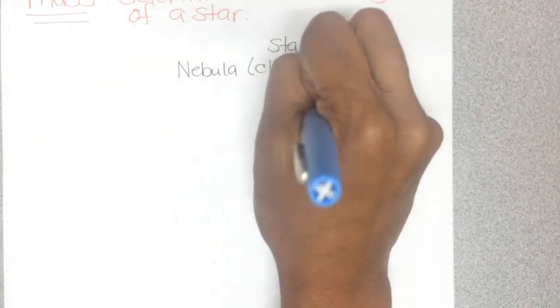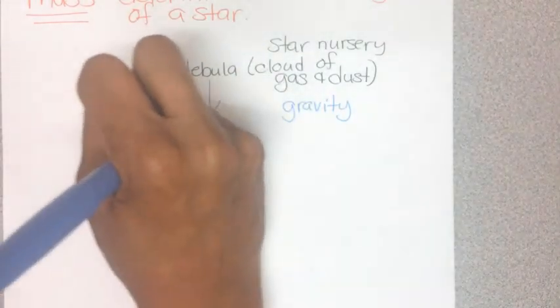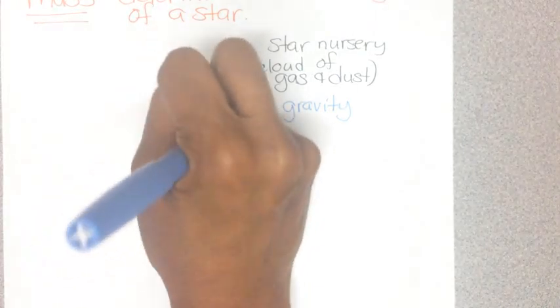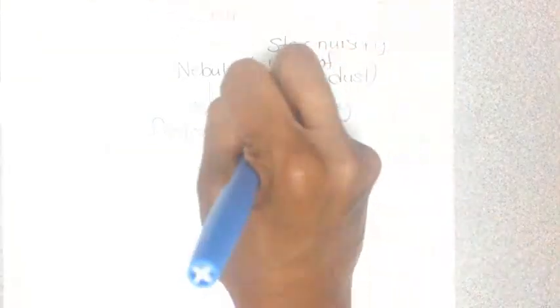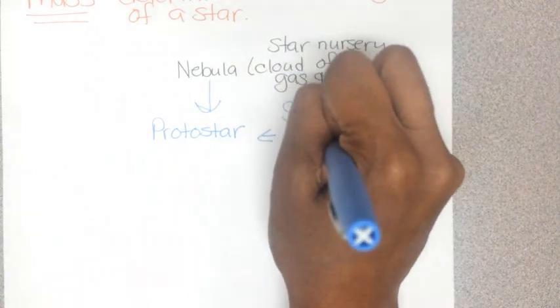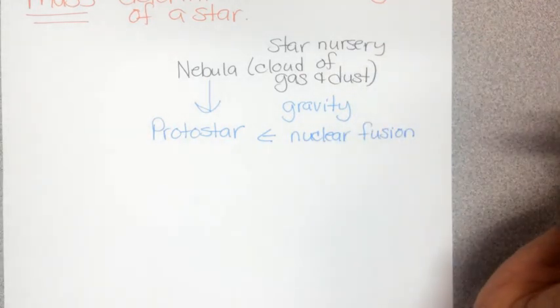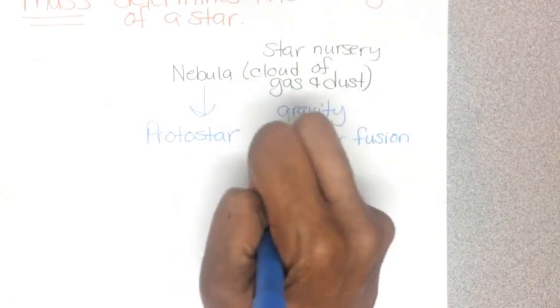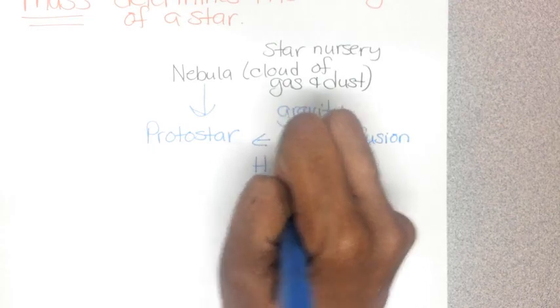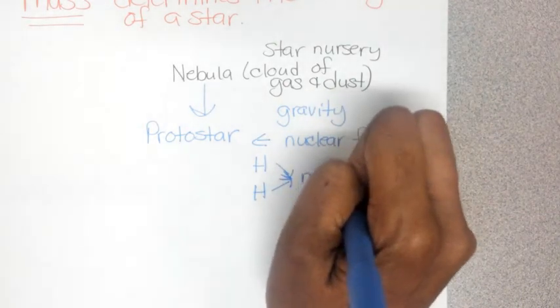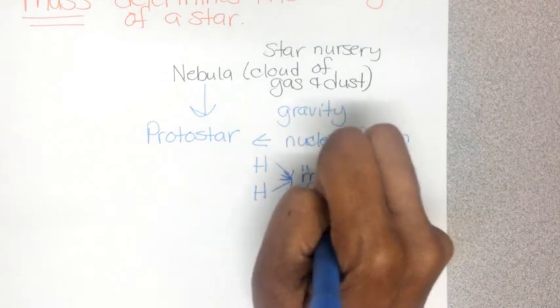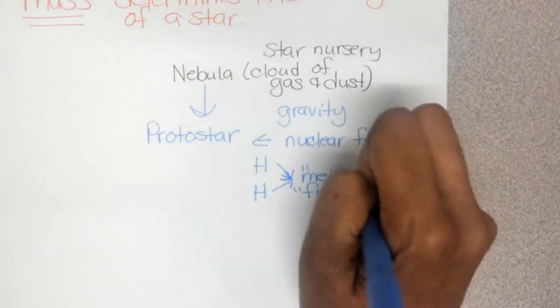Gravity pulls all that gas and dust together, and you have a protostar. The protostar is where nuclear fusion begins. Nuclear fusion is when hydrogen fuses together to make helium.